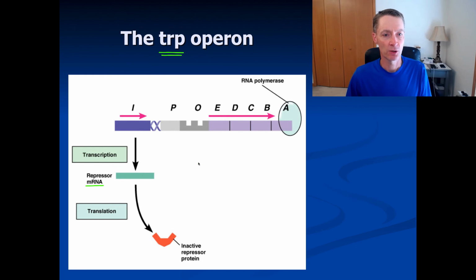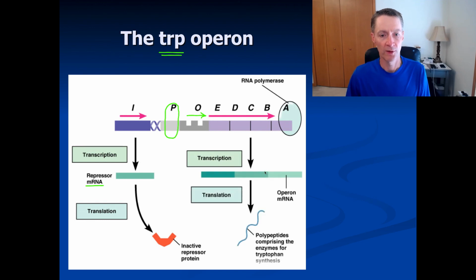So in this particular case, it would not bind to the operator. The RNA polymerase would bind at the promoter to get started with its transcription process, and there's nothing to stop it. It's going to go right on through that operator and produce each of these proteins. In this case, those proteins will aid in the production of tryptophan. So we have tryptophan synthesis, okay?